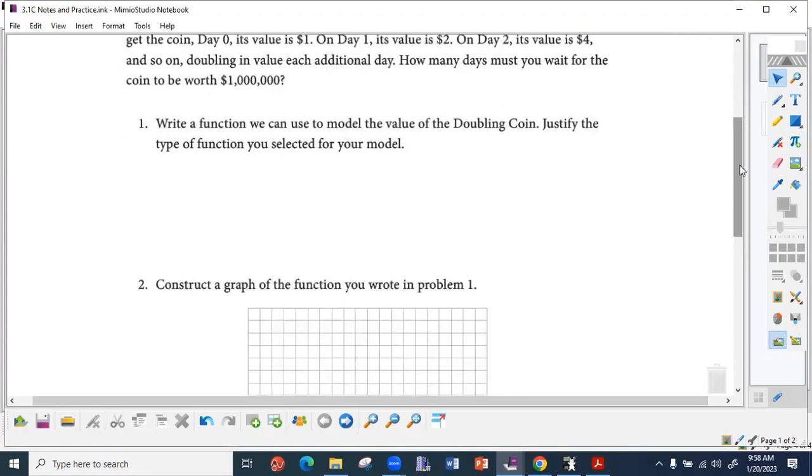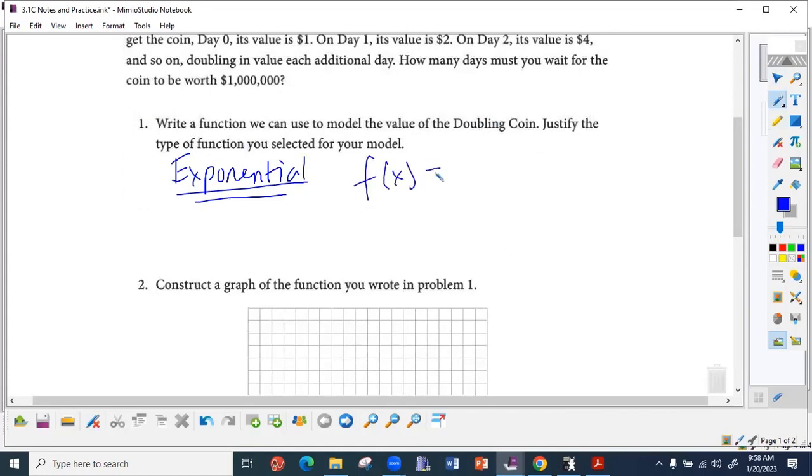All right. So because it's growing rapidly, this is a sign that we are making an exponential, an exponent. We know that we're dealing with an exponential. Because it's an exponential, we have the format of f of x equals a times b to the x, correct?